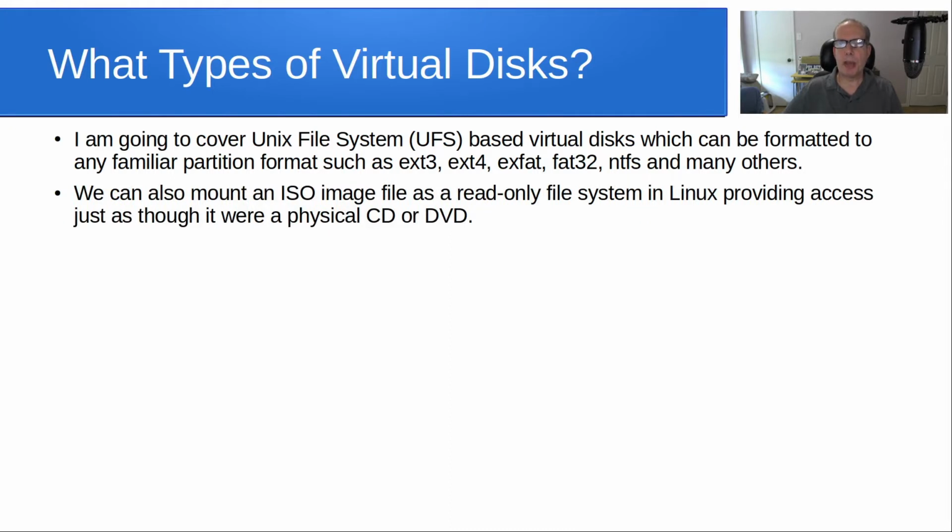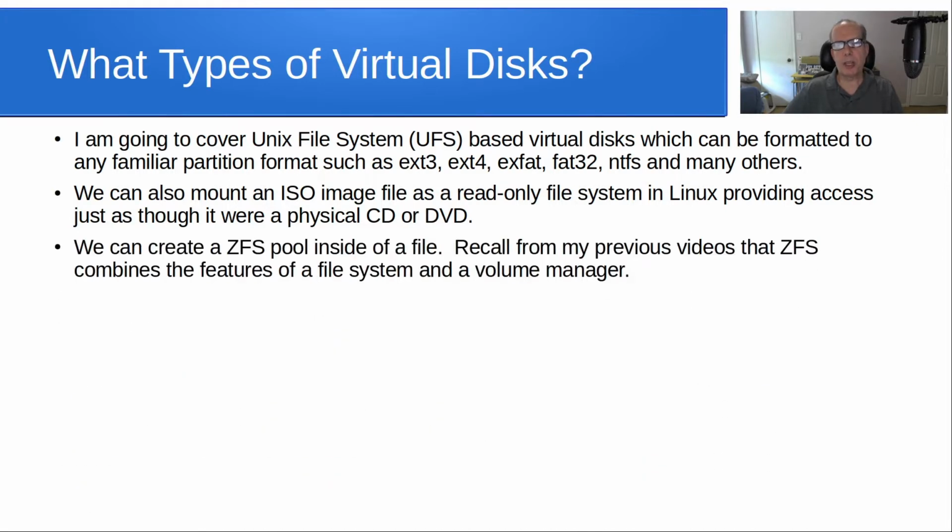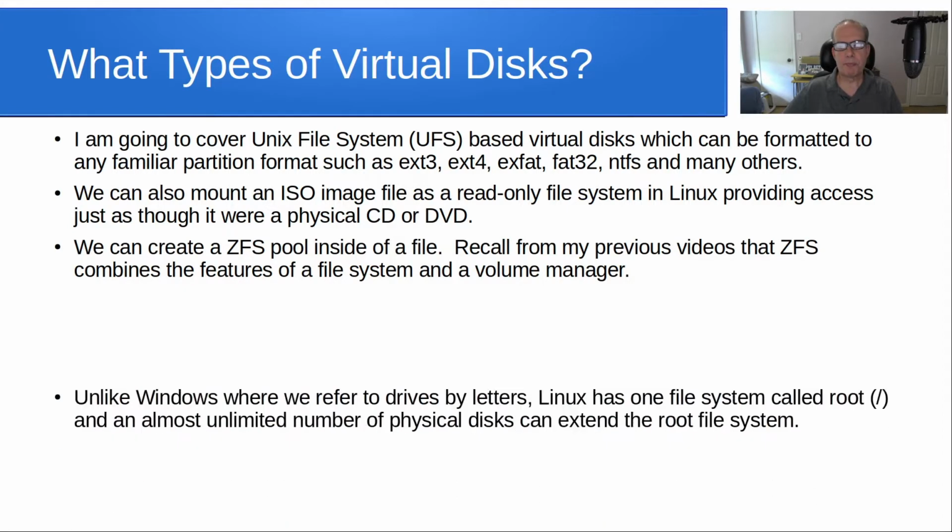We can also mount an ISO image file as a read-only file system in Linux, providing access just as though it were a physical CD or a DVD. We can create a ZFS pool inside of a file, and recall from my previous videos that ZFS combines the features of a file system and the features of a volume manager.